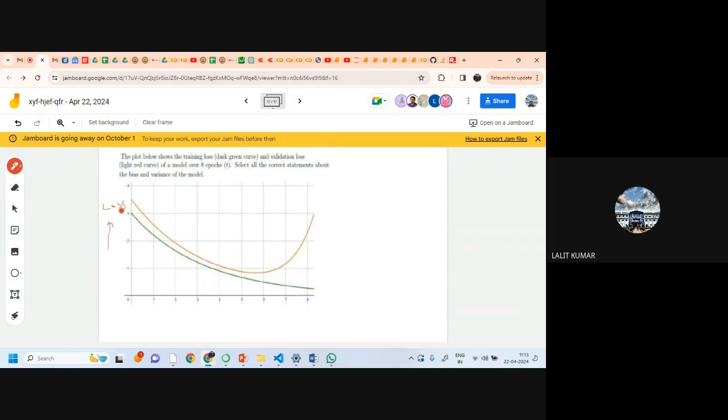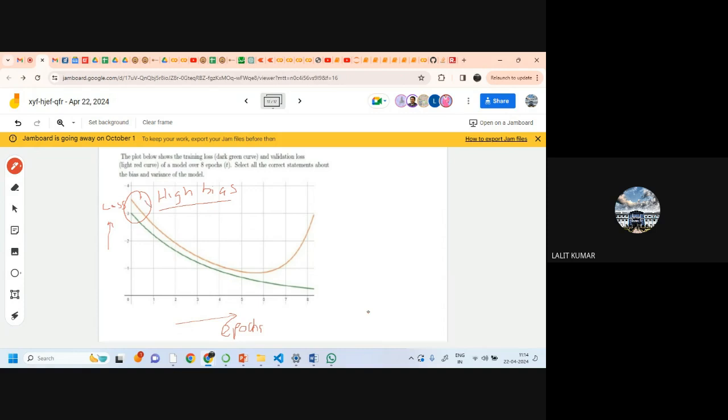This is epochs. So see here, this is the region of high bias. And high variance. Variance is also high, no? No, variance we don't know.